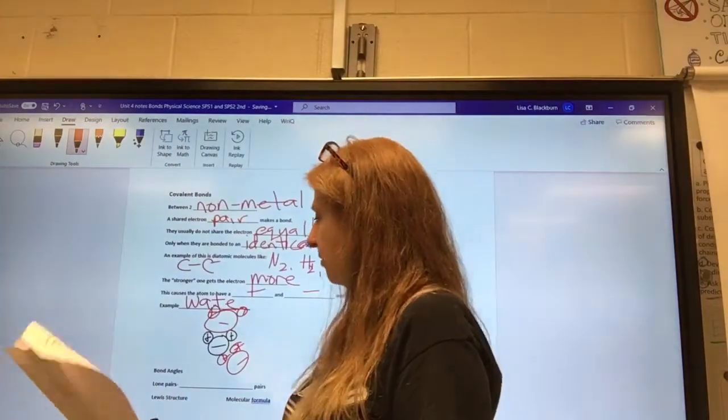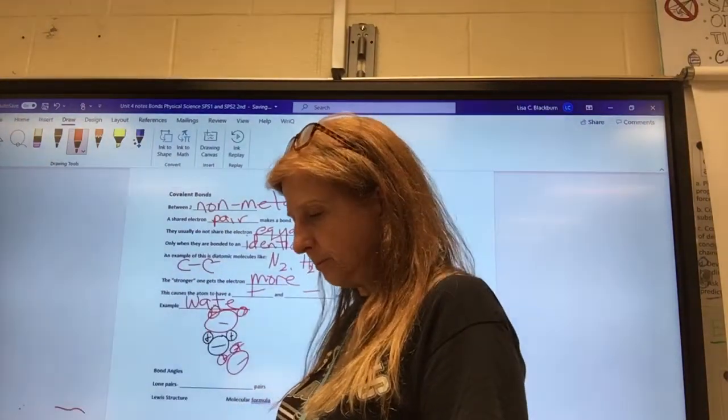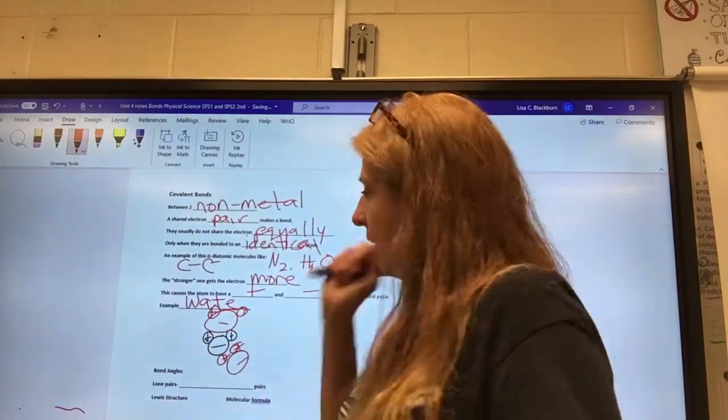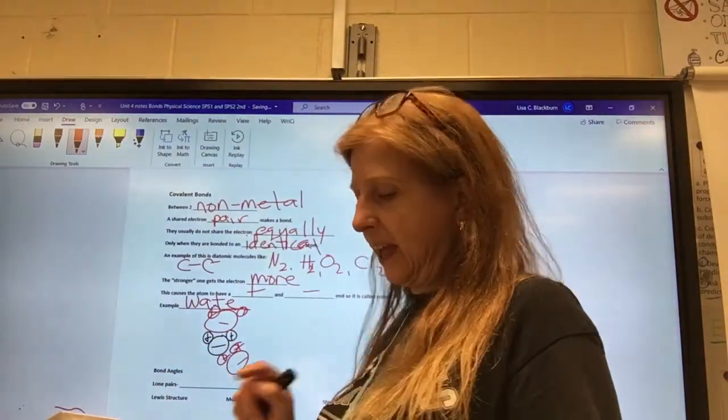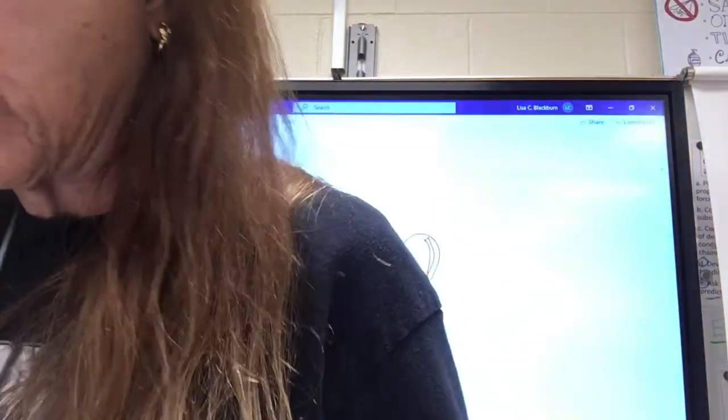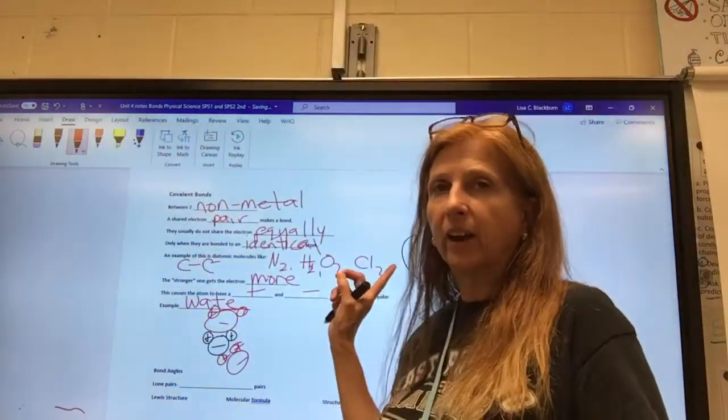Okay, bond angles. Let's talk about that. So when these molecules form, they can have something called lone pairs. Let me make sure that I'm doing the right thing for y'all, because y'all's notes are a little different than the one I'm holding. Crystal lattices, covalent, water. Oh, you see how I have the earth over there?